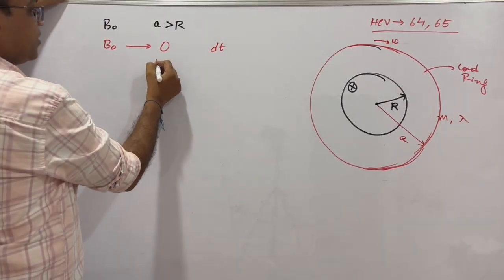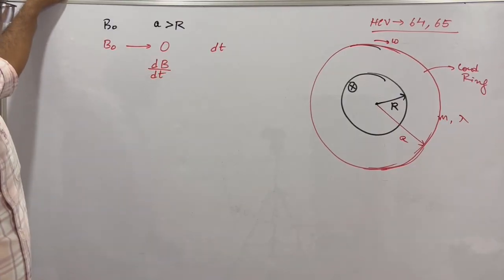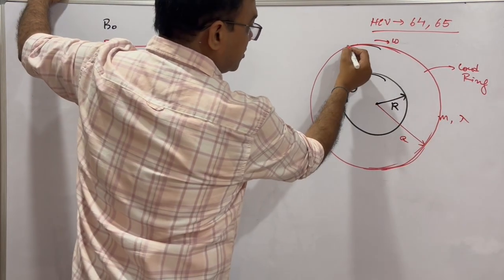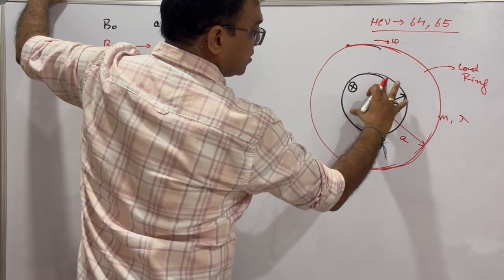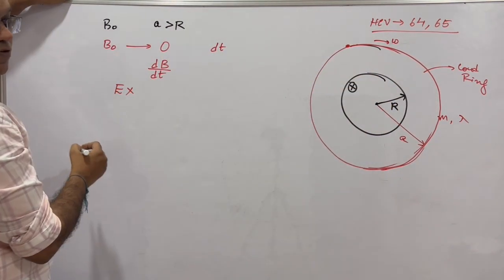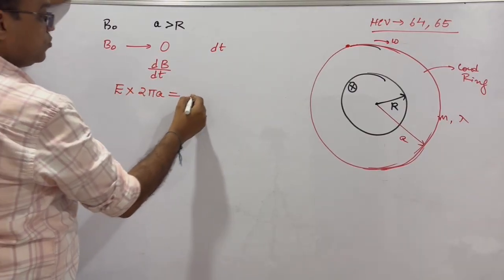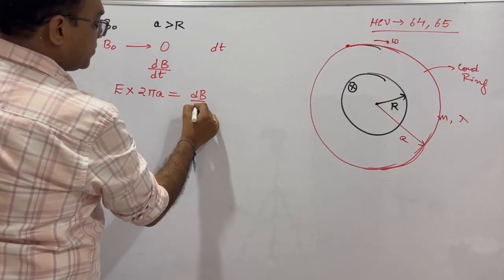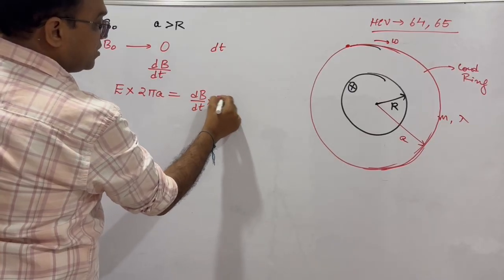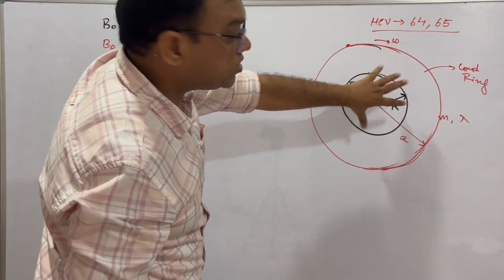Say the magnetic field is changing at rate dB by dt. The ring is outside the magnetic field region. So the induced electric field is given by E into 2 pi A equals dB by dt into pi R squared. Magnetic field is present only in this region.